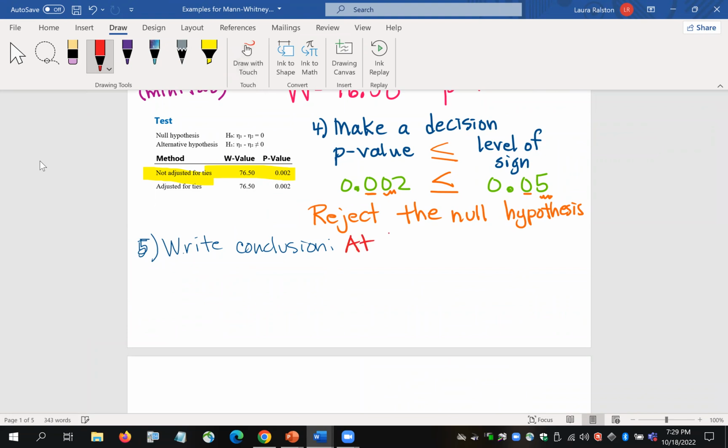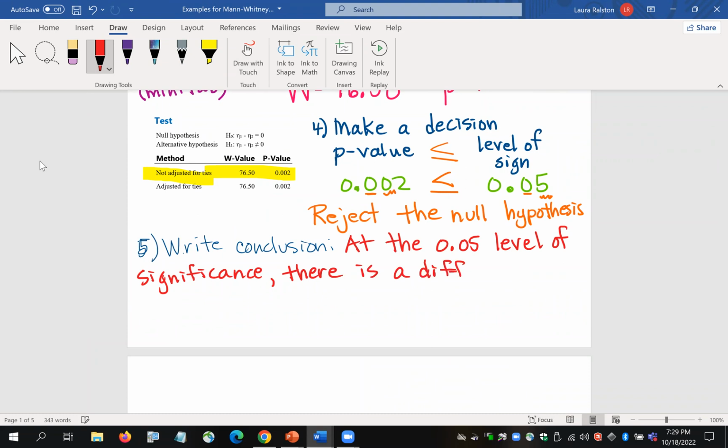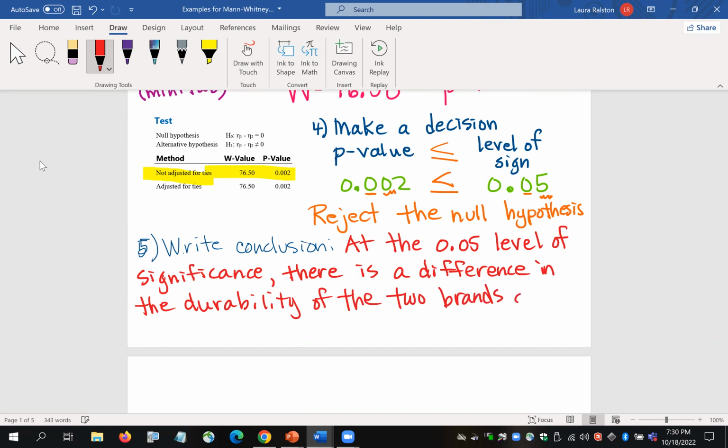So we would say at the 0.05 level of significance, there is a difference in the durability of the two brands of highway paint.